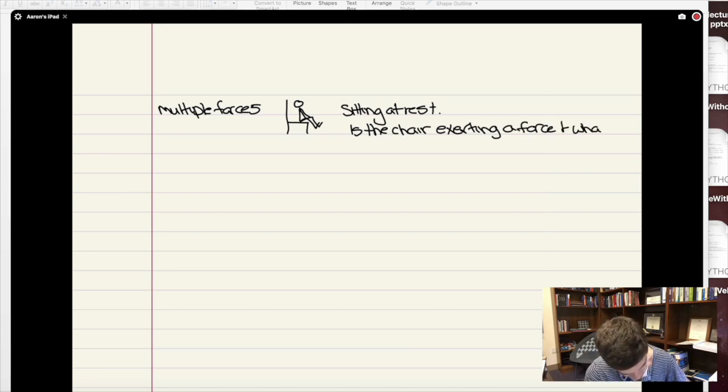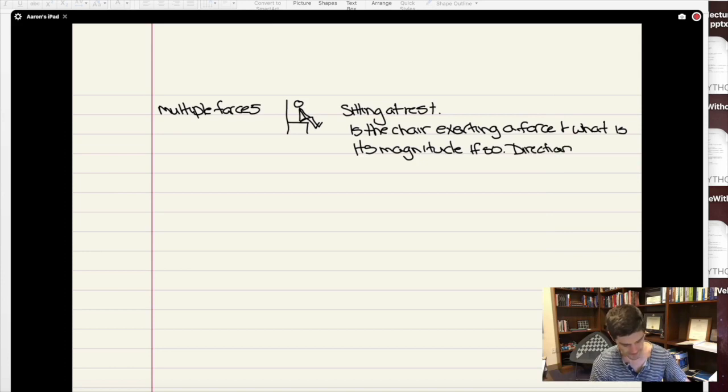And what is its magnitude, if so? I could also ask about the direction. If there is a force, it will be a vector, because forces are vectors. So I could ask what is the magnitude and direction of this chair force.